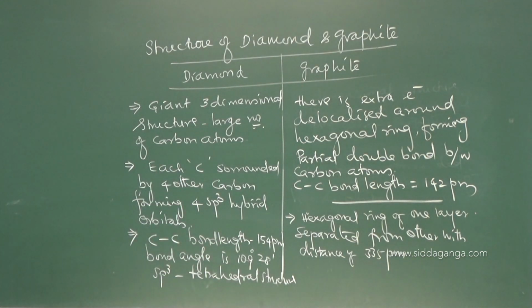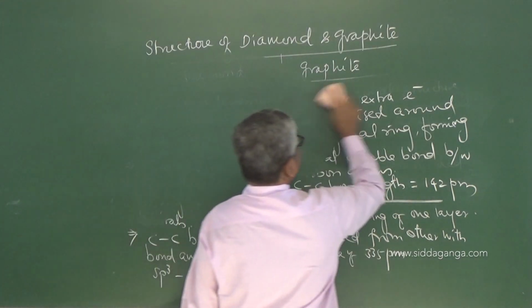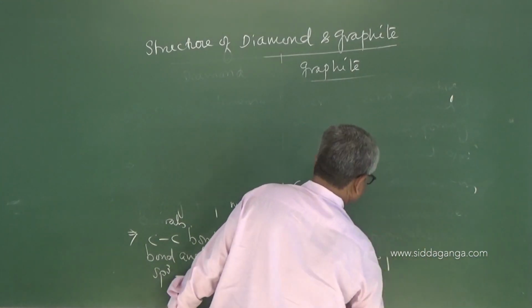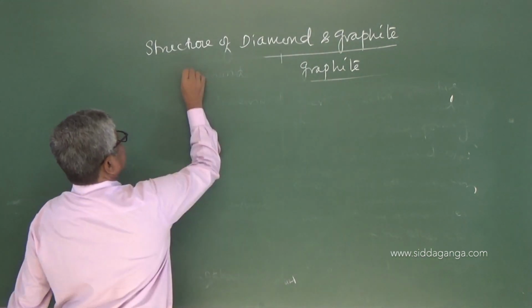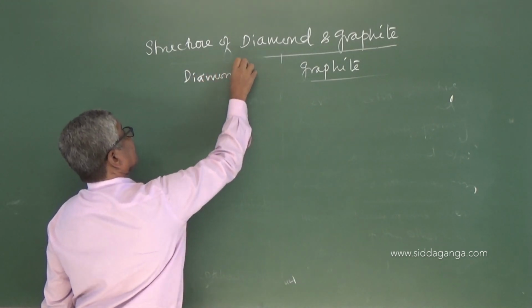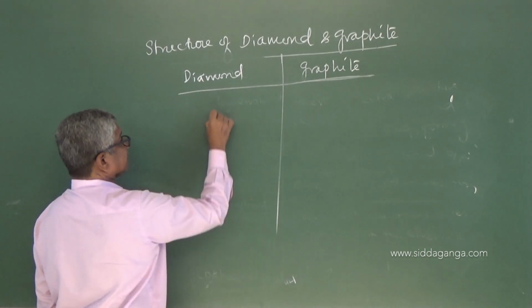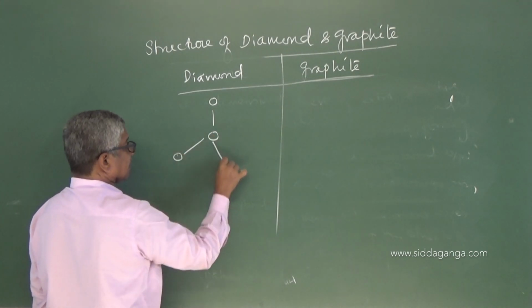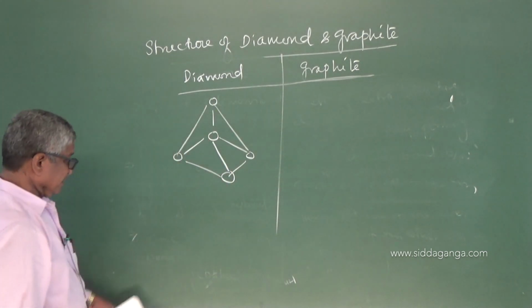Next, how the structure can be drawn. For the diamond and the graphite, each carbon forms this type of structure in the diamond.